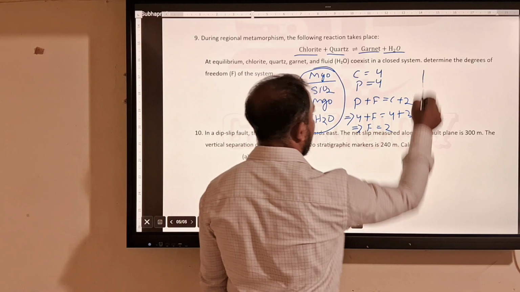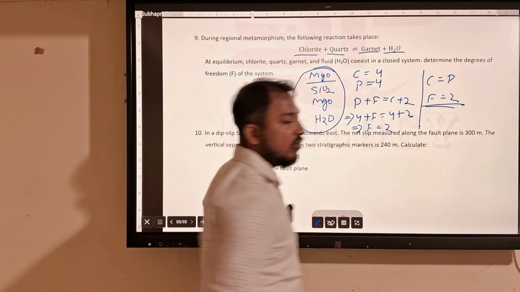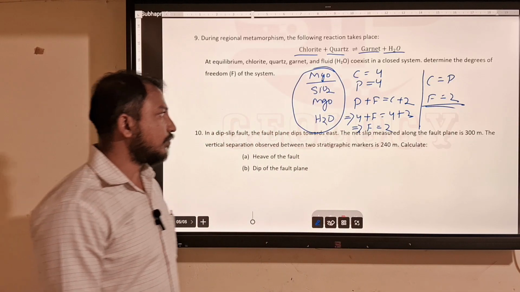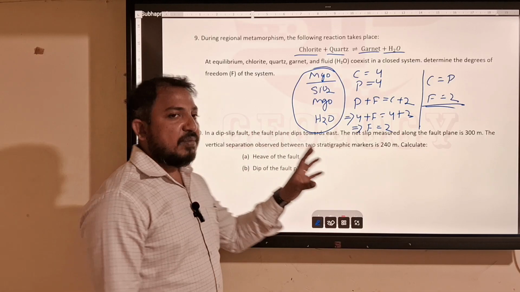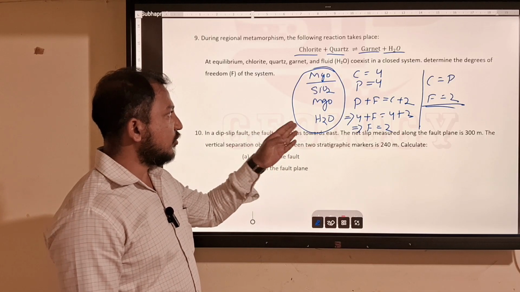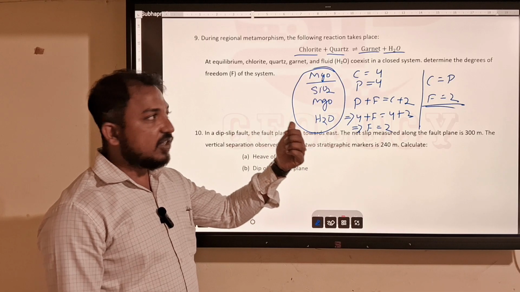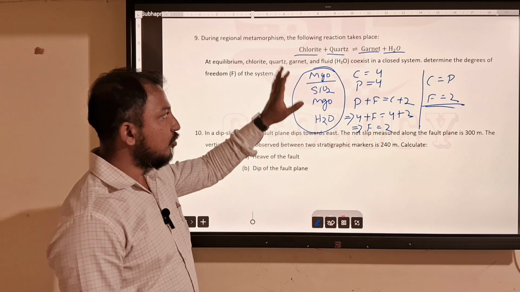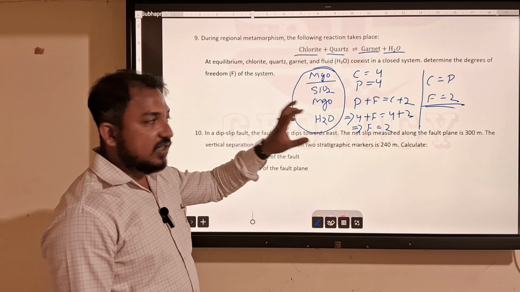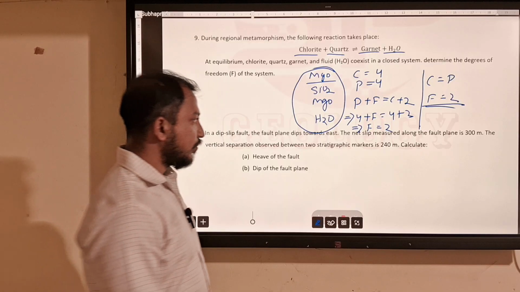In a metamorphic system, remember, when C equals P, F equals 2; this is also called your mineralogical phase rule. In this type of numerical, in most of the questions the components are given. If not given, you have to derive them from their formula. So you have to choose the oxides which can represent all the phases in the system.